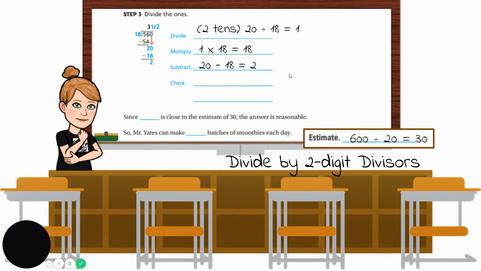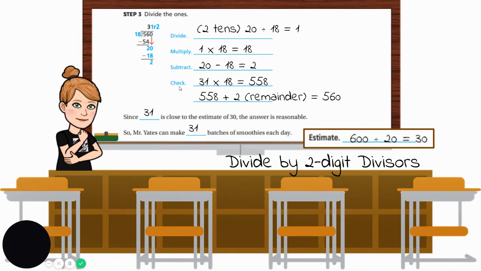So to check it, I'm going to take the 31 in my quotient, multiply it by 18, gives me 558. I'm going to add the 2, which is the remainder, and I should get 560. Okay, and since 31 is close to the estimate of 30, the answer is reasonable.